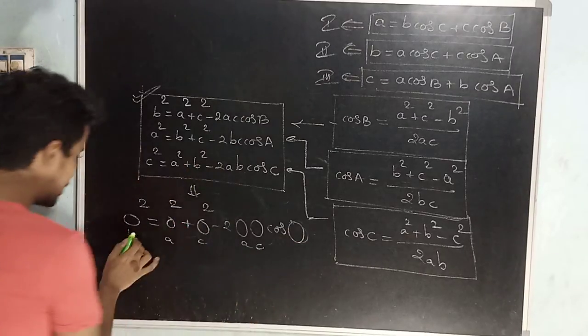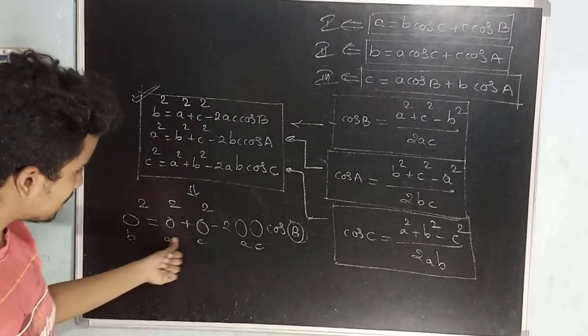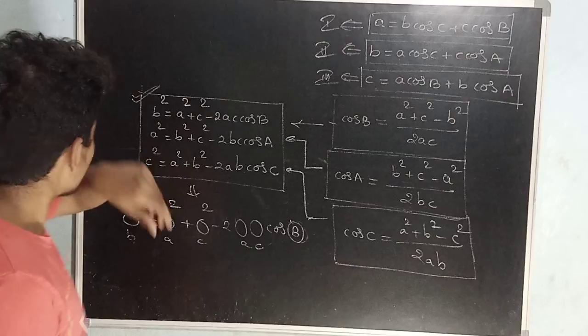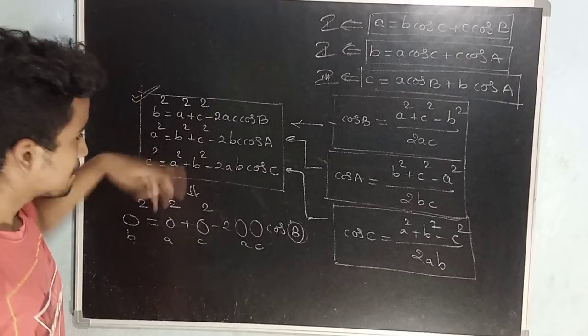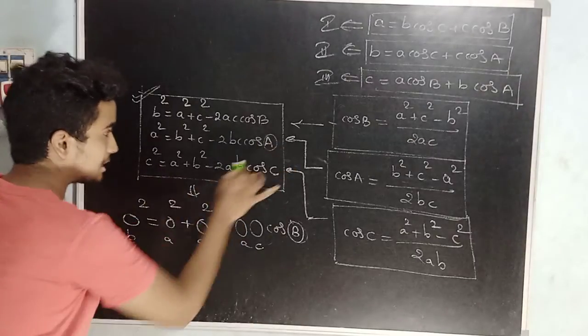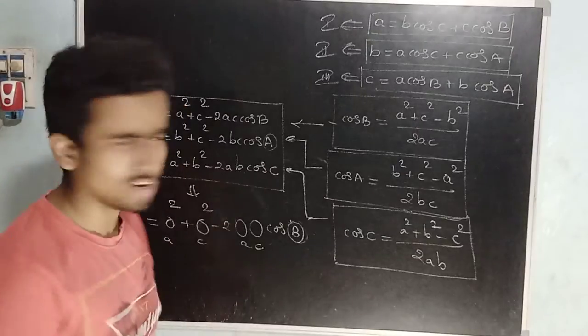Here cos is nothing but we need to take the capital, which is b. So b square is equal to a square plus c square minus 2ac cos b. Similarly, consider a, forget a and write b and c. But the angle should be the capital of this letter. That's it. Remembering is not a matter.